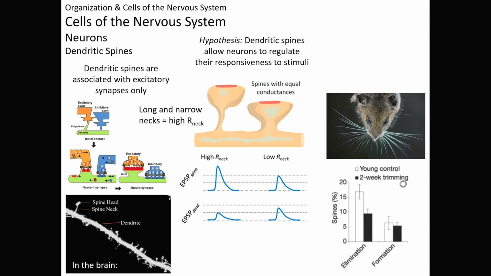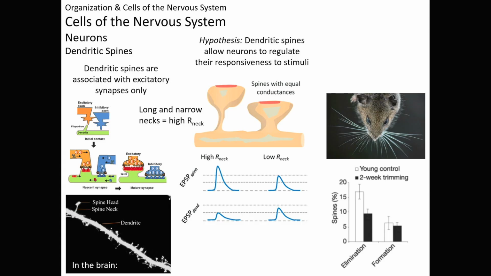And then after the 2 weeks, they were able to look at the spines within the nervous system of these mice, and they were able to see both how these spines were being eliminated and how they were being formed, especially within the regions of the brain that are responsible for perception of this tactile information. You'll notice that the formation was about the same in these two groups, but where they saw a major difference was in terms of the elimination. They saw that the elimination of spines was dropped in half in the mice whose whiskers were being trimmed.